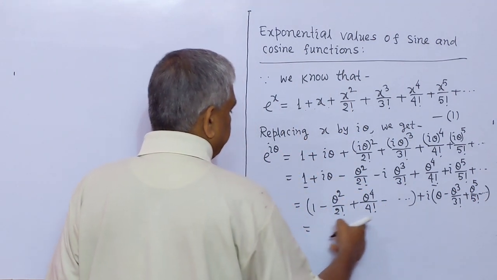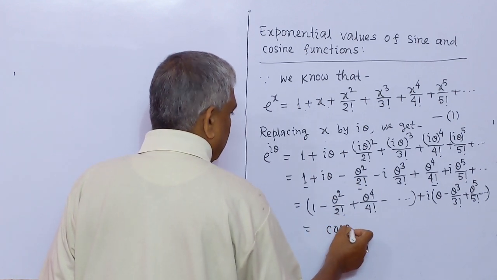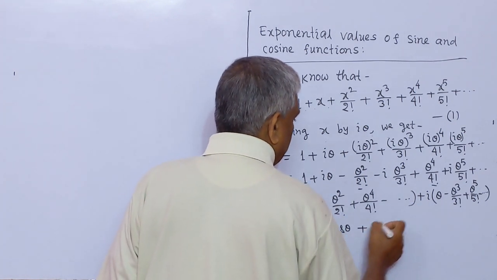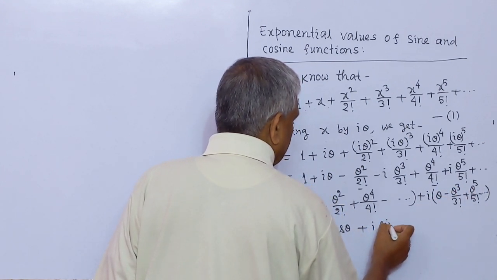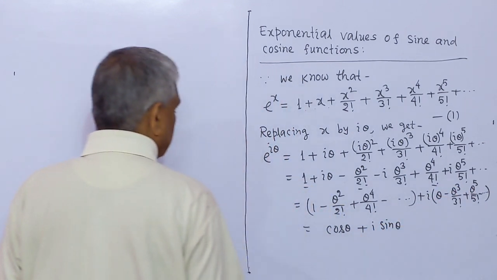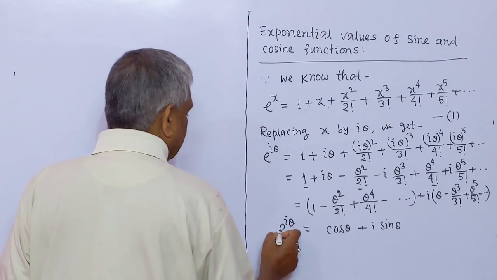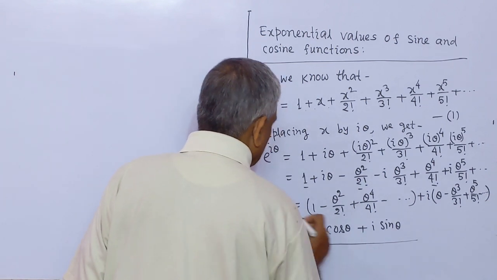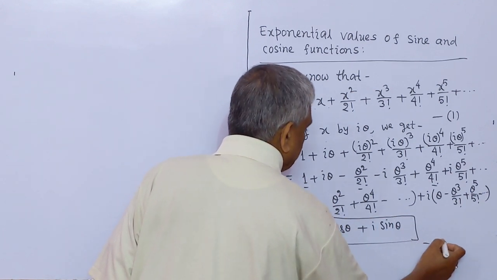This bracket represents cos theta and this bracket represents sin theta. So we get the formula e to the power I theta equal to cos theta plus I sin theta. This is number 2.